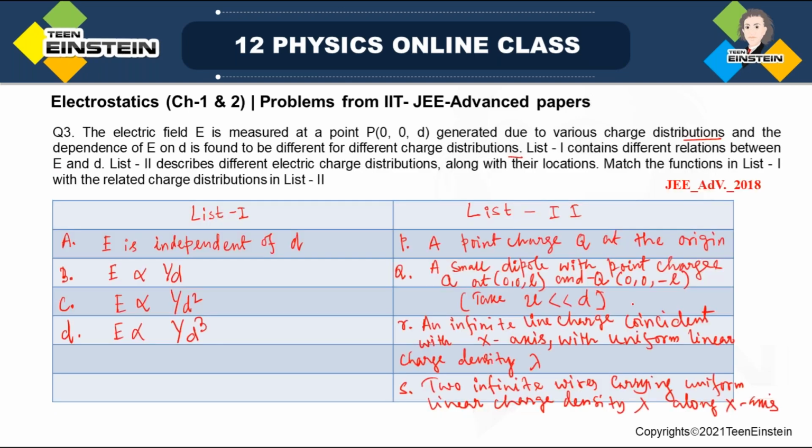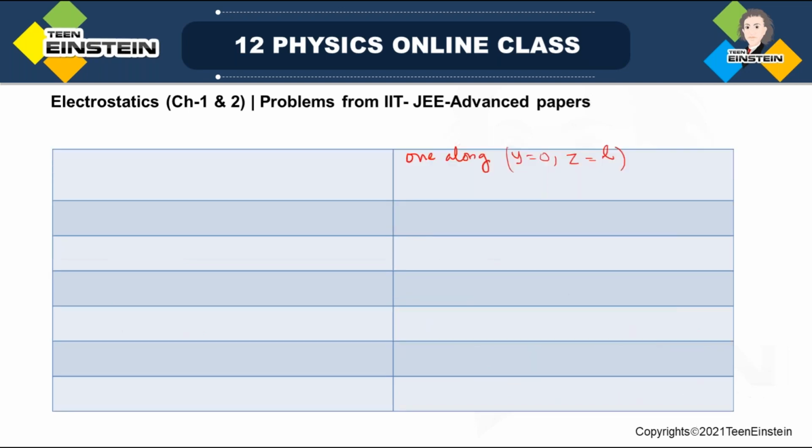Having plus lambda, I'm writing charge density lambda, and the other along y is equal to 0, z is equal to minus L has charge density minus lambda.